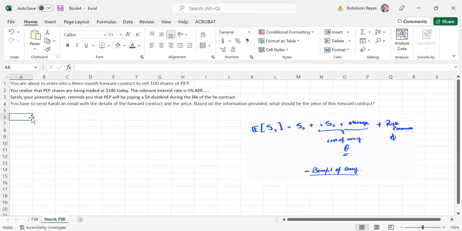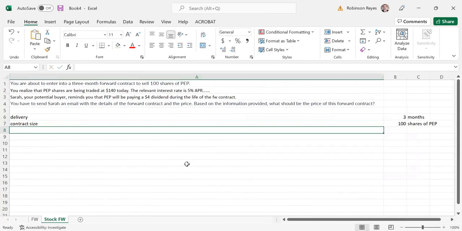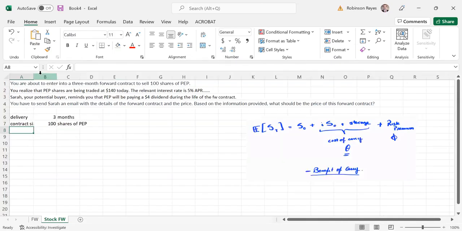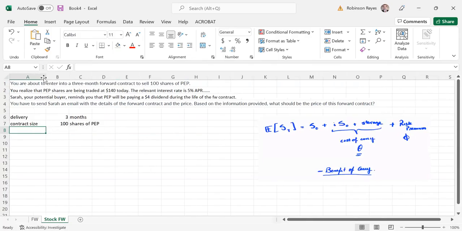So let's just type all of the values we see in this question. We have delivery, which is 3 months, and then we have a contract size again, and the size is 100 shares of Pepsi, right? Now it looks a little better.